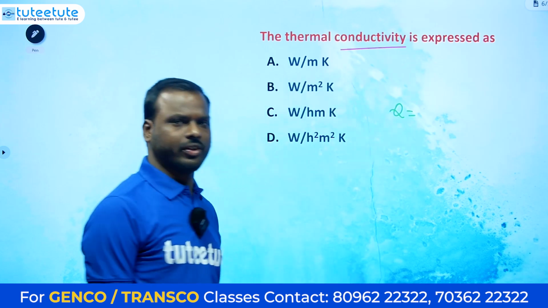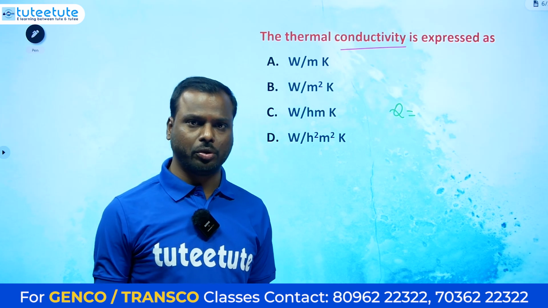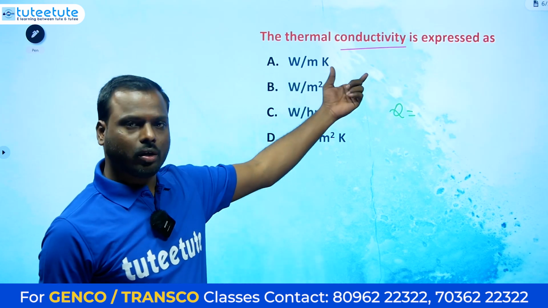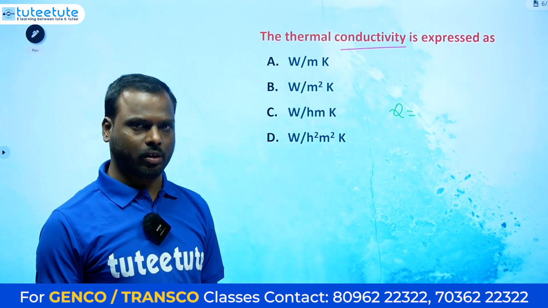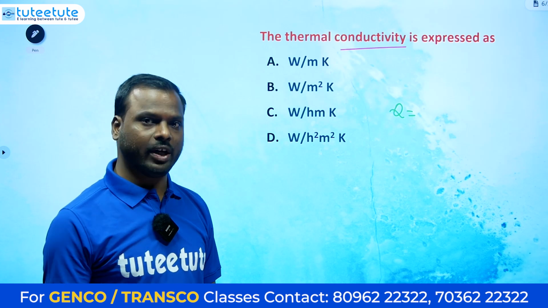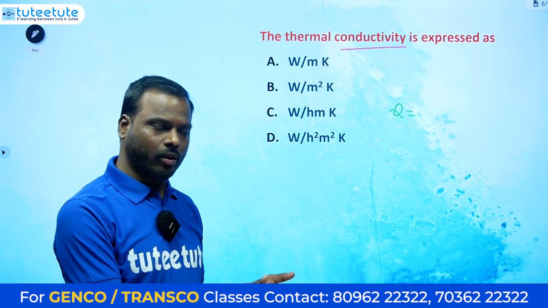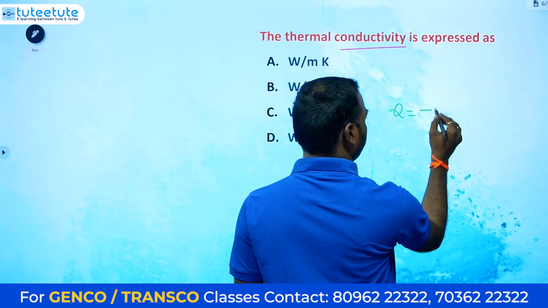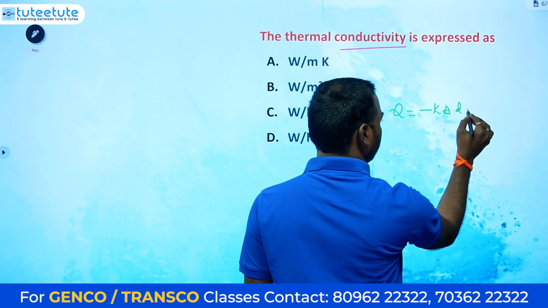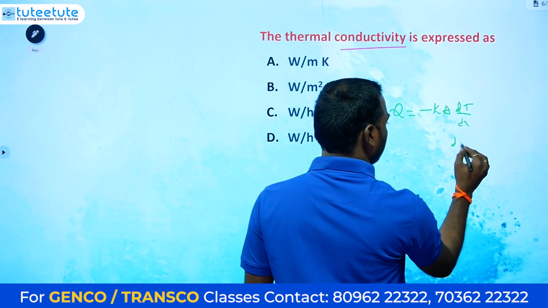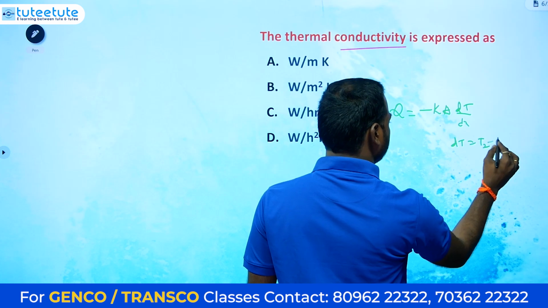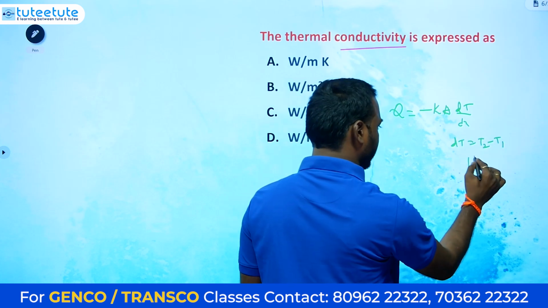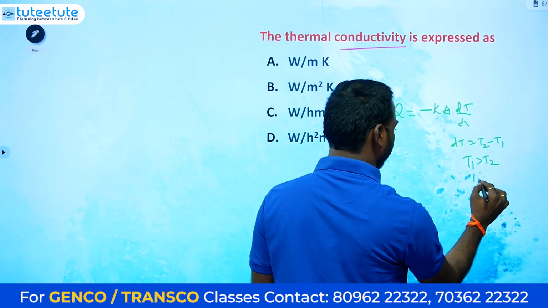Whenever thermal conductivity comes into picture, K is nothing but thermal conductivity, and it will be coming only in conduction. So Q is equals to minus K A dt by dx, where dt is nothing but T2 minus T1. Always remember, T1 is greater than T2 or T2 is less than T1.